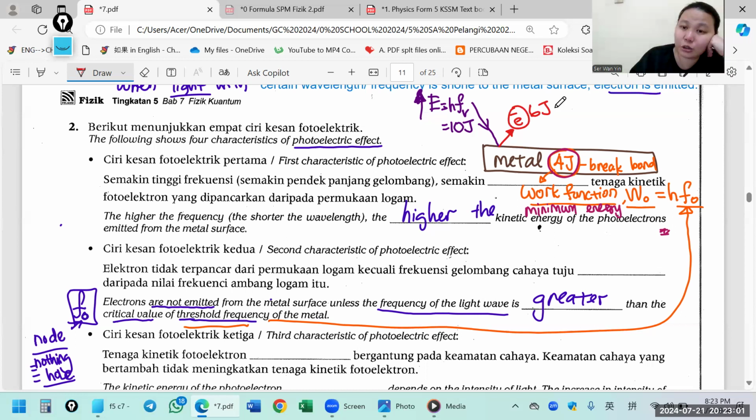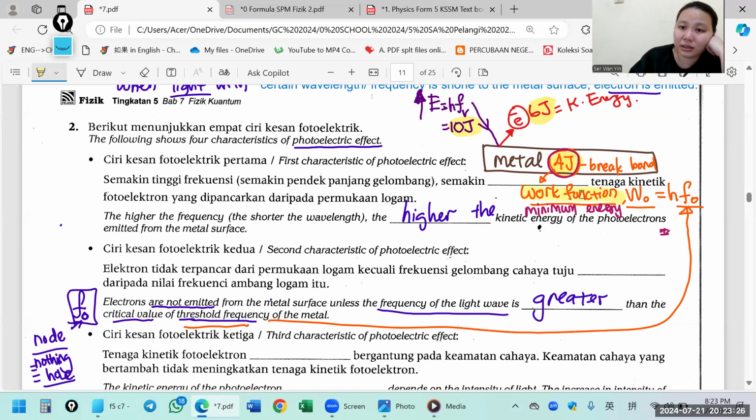What is this 6 joules of energy? It is kinetic energy. So actually here 10 joules is energy, 4 joules is energy, 6 joules is also energy, just in different forms. Then how to know how much energy is needed?